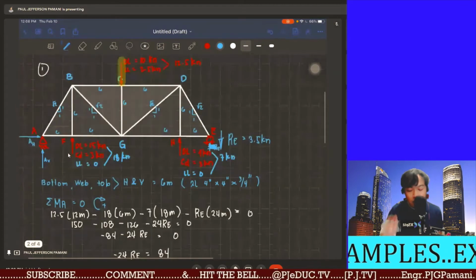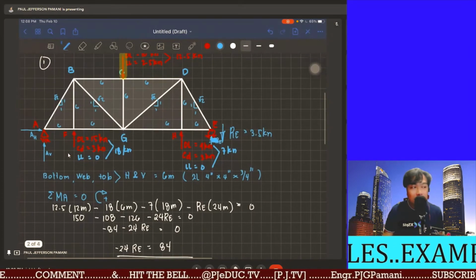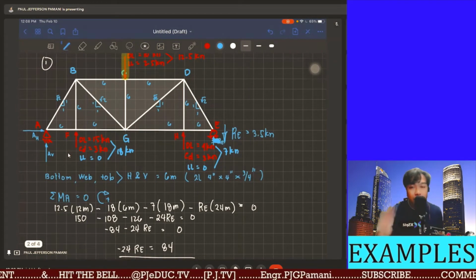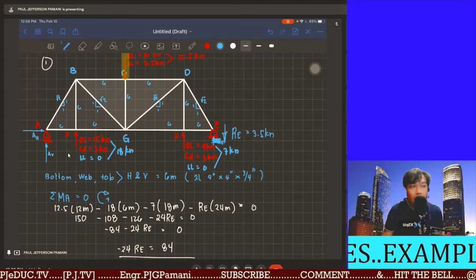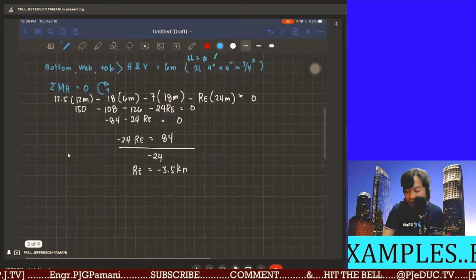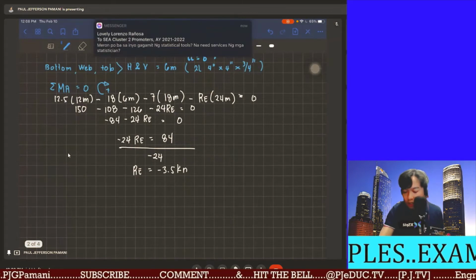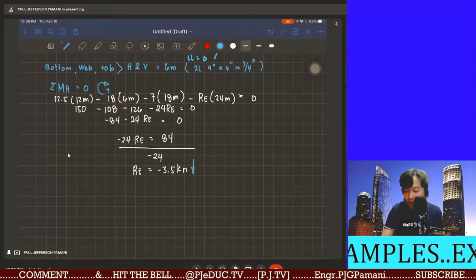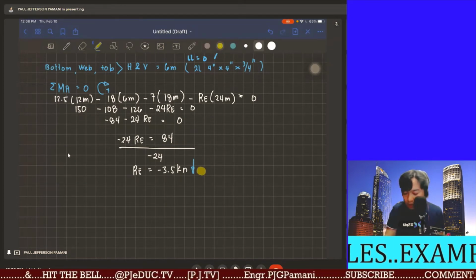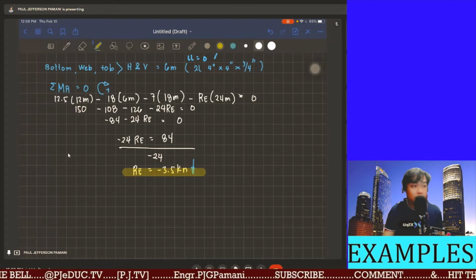So obviously there will be a resisting force of reaction 3.5 directed downward to help the applied force at the top member. So ating reaction at the roller support should be then downward. So yan na yung ating reaction RE.